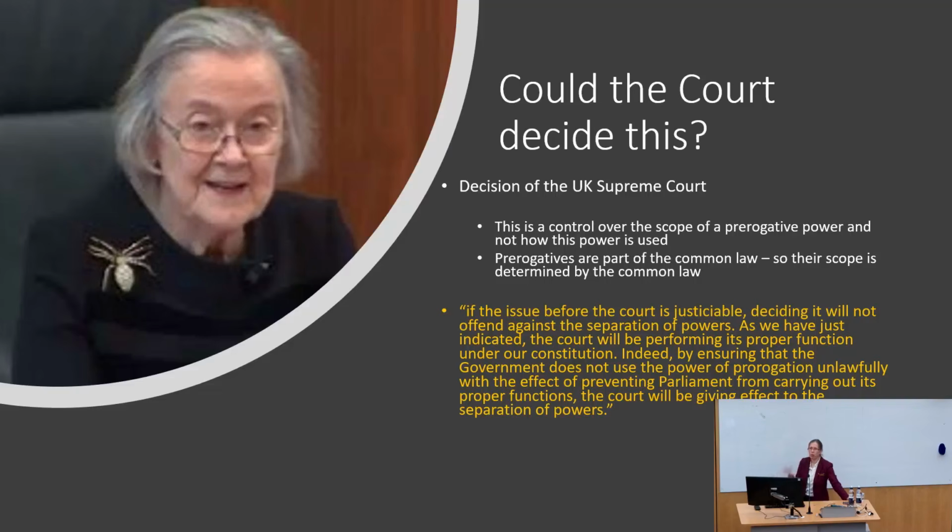So that's why we, the courts, can go away and check that when you say you have a prerogative power, you really do have that power, and they are not acting beyond the scope of that power. Because if you act beyond the scope of the power, you can undermine how our Constitution works. You can remove these effective checks and balances to make sure that the government acts within the proper legal scope of its powers. Okay?